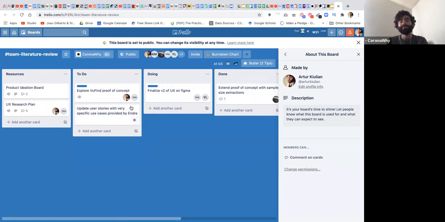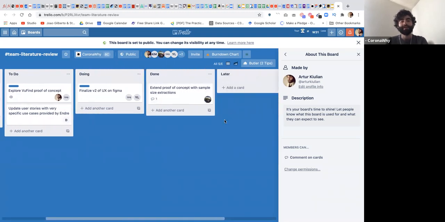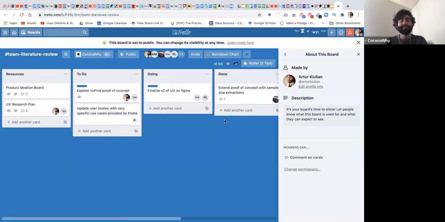So just a simple to do, doing, done, and later. It should be considered a general board, so things like development, UI, and user research would be flowing through here. But again, this is just a temporary structure for us to get things started.